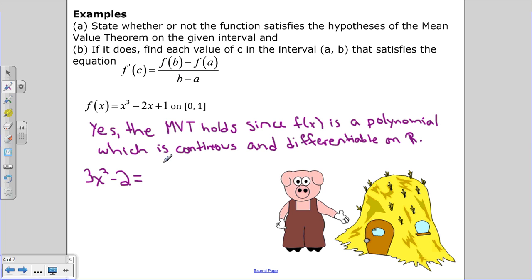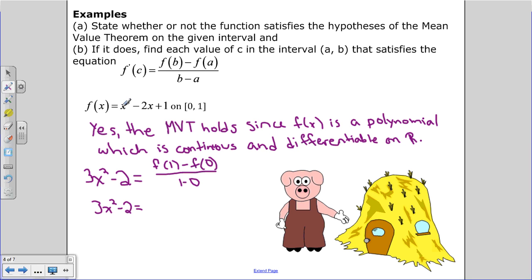And that has to equal f of 1 minus f of 0 over 1 minus 0. So let me write this out so it doesn't confuse you. It's just the definition of slope. Okay. And then I'm just going to plug this in and then solve for x.